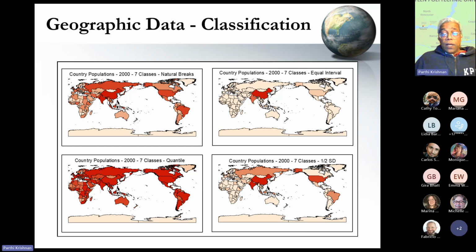So essentially, let me repeat that. We need to explore the data sets to come to an understanding of the underlying distribution of the features of interest before we decide what kind of classification scheme we can use to display the data that we have.